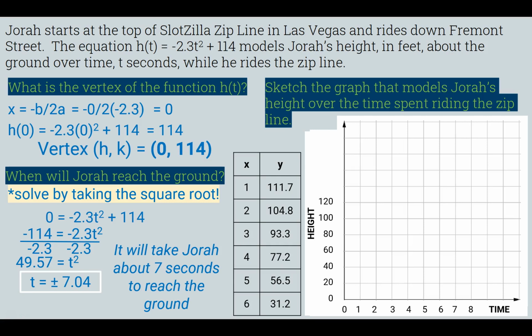I need to plug in those points to get my middle pieces of my function. To make it the most exact, I can plot them, and then that is the graph for my zip line. So I'll give you a second to graph that.